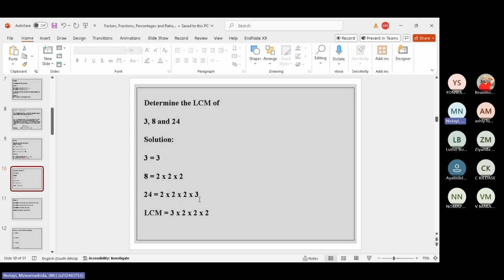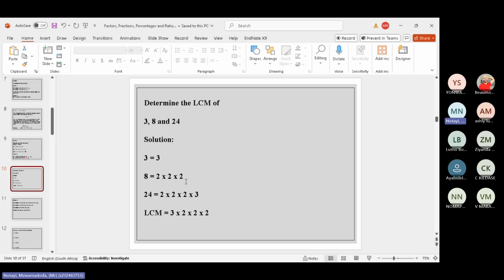All those prime factors of 24 have already been written down, so there's no need to write any of those down. So we have 3 multiplied by 2 multiplied by 2 multiplied by 2. So what is the answer? 3 times 2, 6, times 2, 12, times 2, 24.